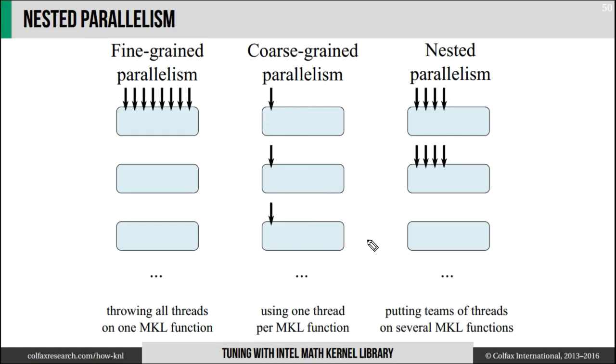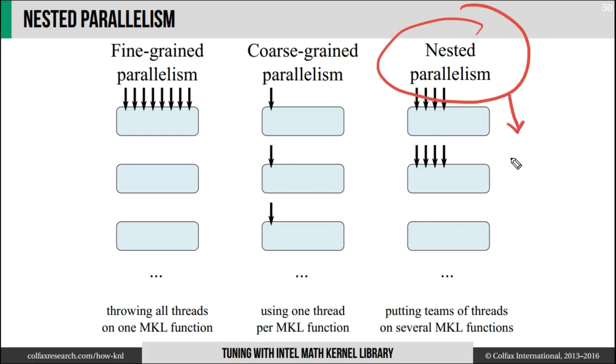And of course, there could be a sweet spot between these two approaches, where you assign a group of threads to each dataset, and when you are done with one dataset, this group of threads moves on to the next one. This allows you to find the sweet spot. You can try to find the sweet spot with nested parallelism, and this will require some tuning.